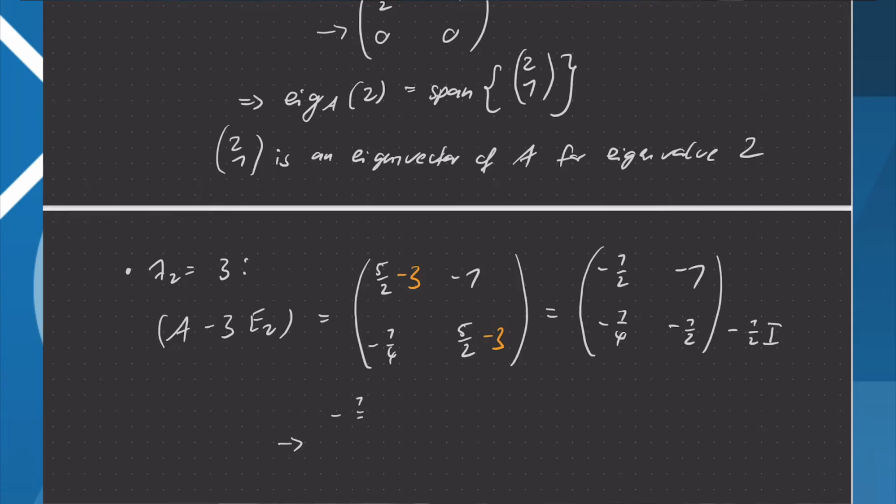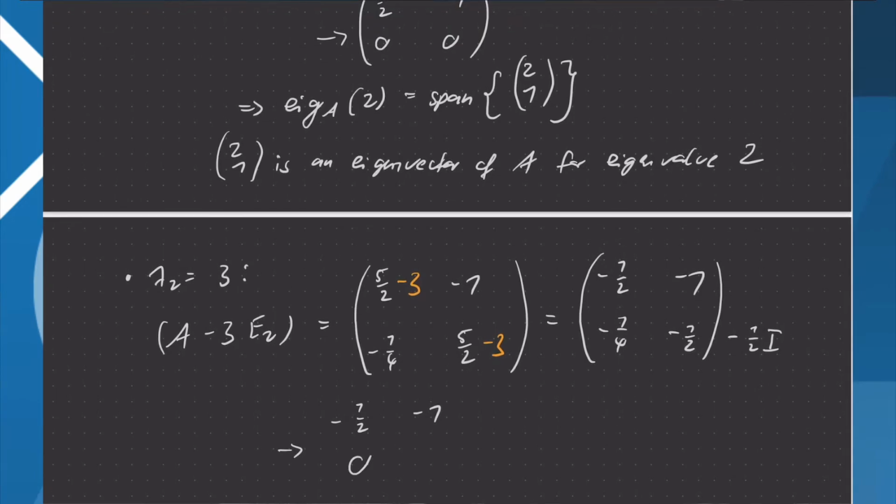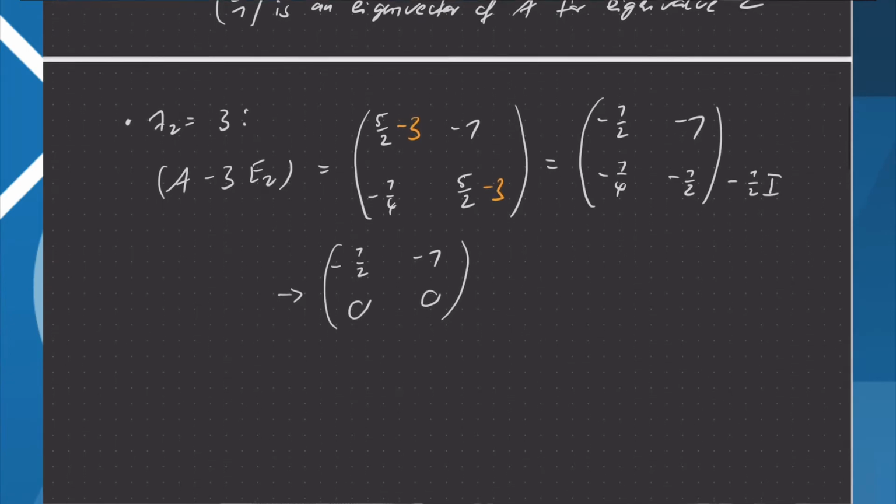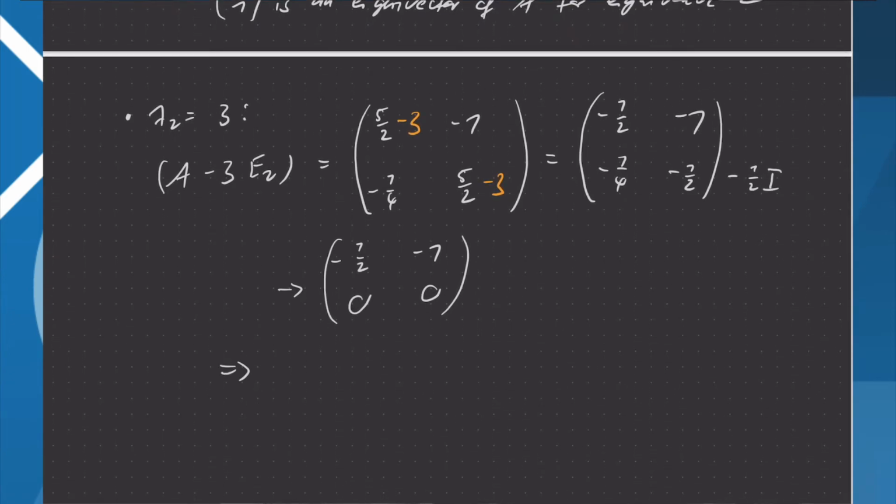And we get, first row stays the same, minus 1/2, minus 1. And now the second row again becomes 0, 0. And that means the kernel of that matrix A minus 3 times E2, that's the eigenspace that we are looking for. The kernel is then spanned by the vector -2, 1, for example. And again, each multiple of a vector will do.